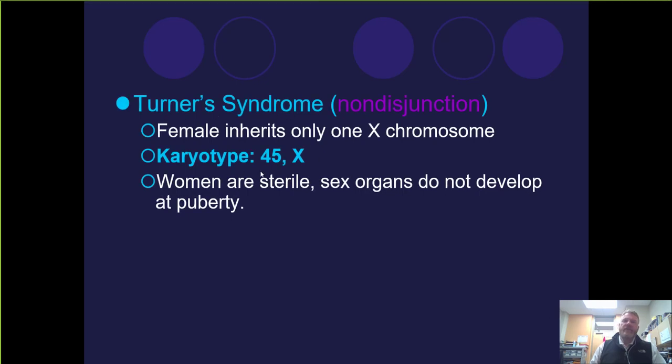Turner syndrome is also caused by non-disjunction. This is where we actually have only one X. Like I said, sometimes it'll happen in the autosomal chromosomes, which are the first 22. Sometimes it'll happen in the sex chromosomes, which are the X and the Y, or the last 23rd pair.